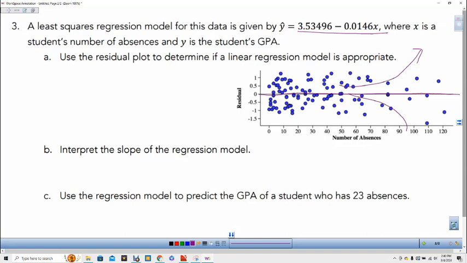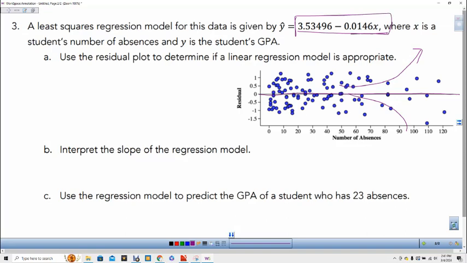So what that means is that our error, how much we're away from the actual value, is not increasing in a big way as we get further and further out with our data points. So they're staying about the same amount away from the value approximated by this equation.